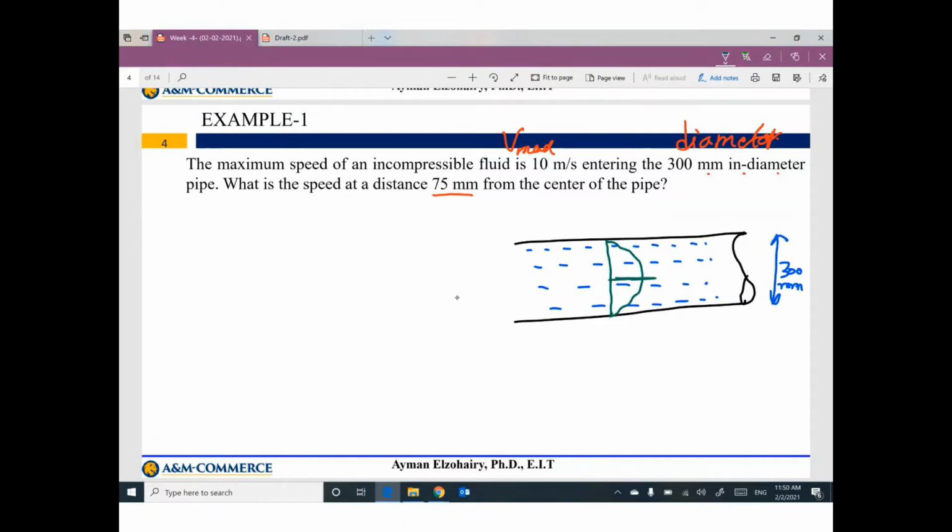The maximum velocity here is given. How much? 10 meter per second. The question asks what is the speed at distance 75 from the center. So from this center, I measured distance r equal to 75. Can you tell me what is the velocity here?